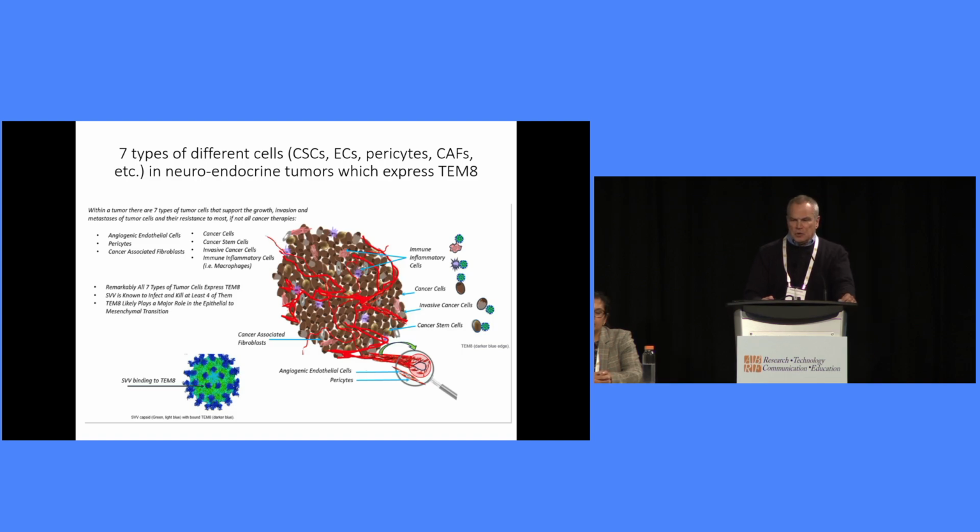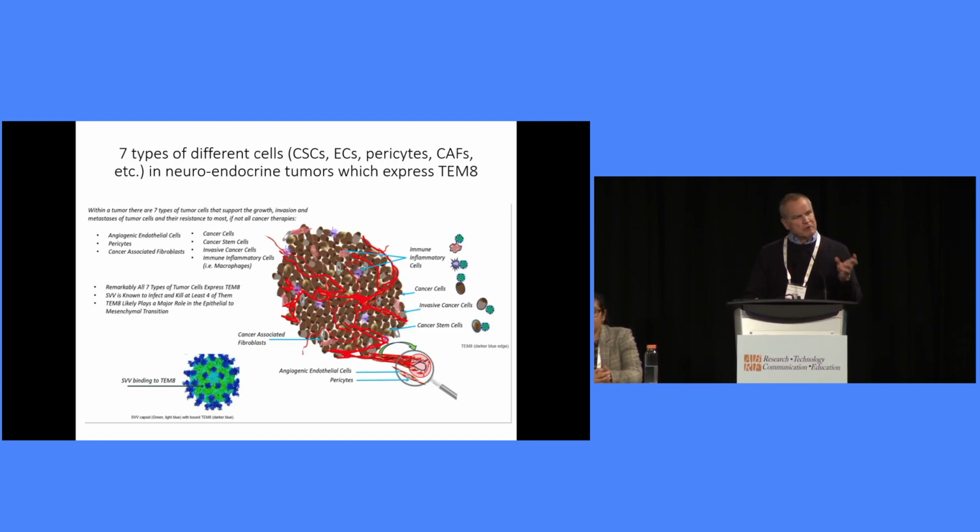And then why is this important? Well, if you look at neuroendocrine tumors, they're heterogeneous like most tumors. 7 different types of cells within that tumor, including cancer stem cells, endothelial cells, parasites, cancer-associated fibroblasts, are all killed, are all lysed by the Seneca Valley virus.